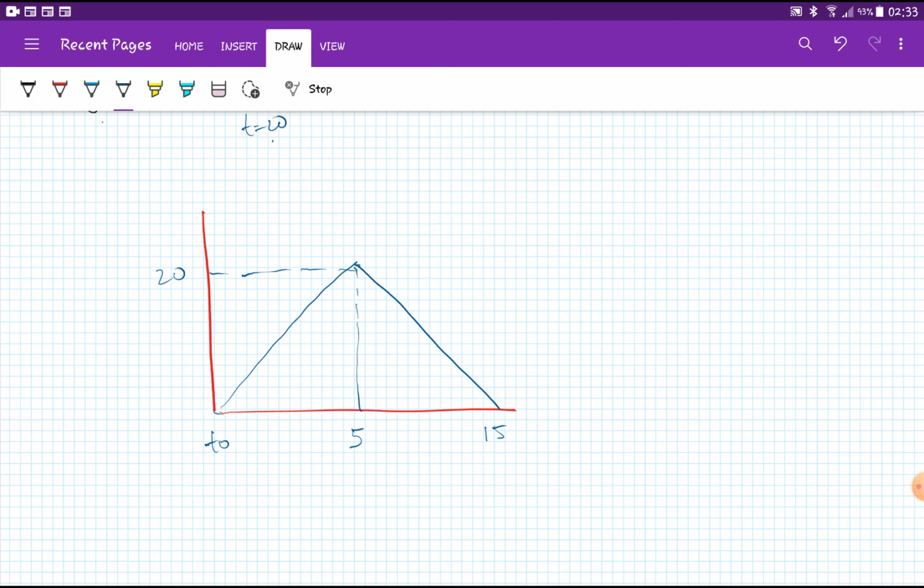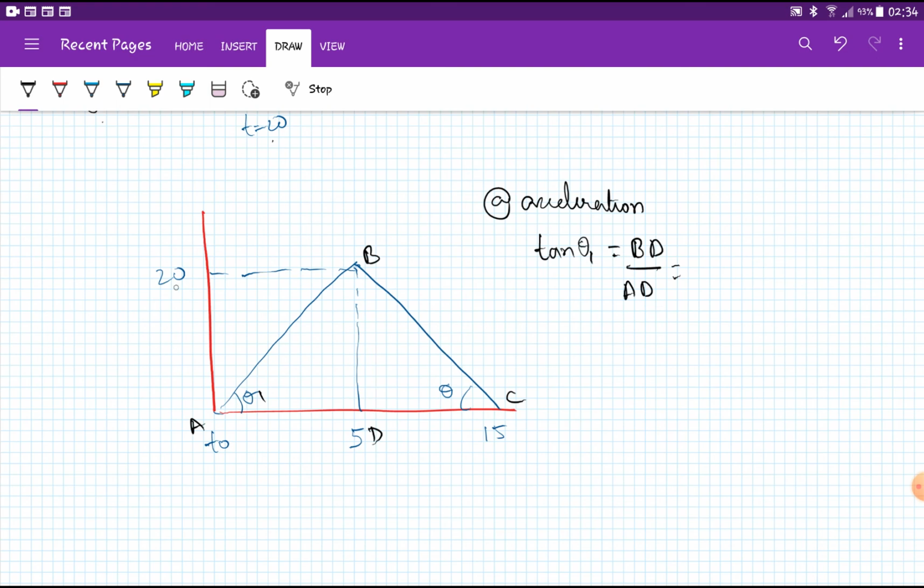What you have to find? Both acceleration as well as retardation. For acceleration you have to find this angle, and for retardation you have to find this angle. Let's name it A, B, C, D. So for acceleration, tan theta 1 is equal to BD by AD.